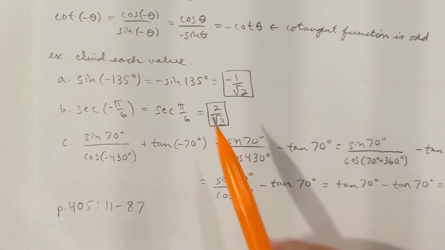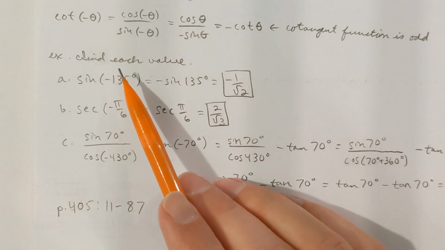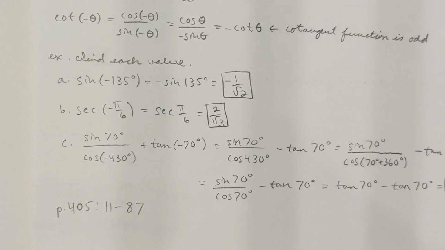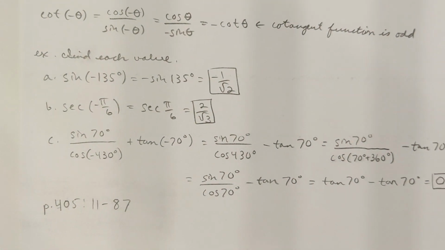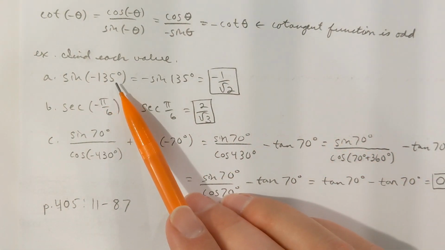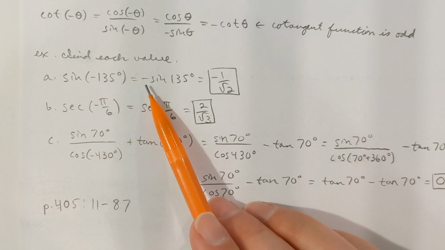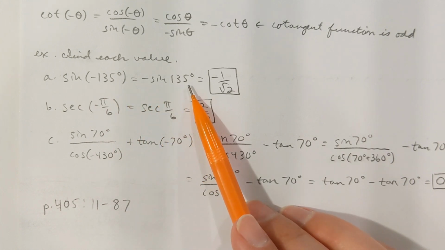And all right, so here's my last example. Find each value. Again, we're not using a calculator. Sine of negative 135 degrees. Okay, well, the sine function is odd, so sine of negative theta is the same as negative sine of theta.